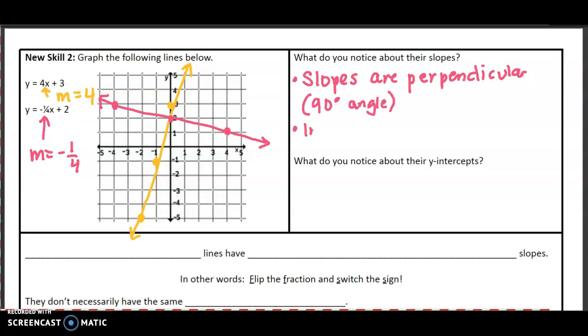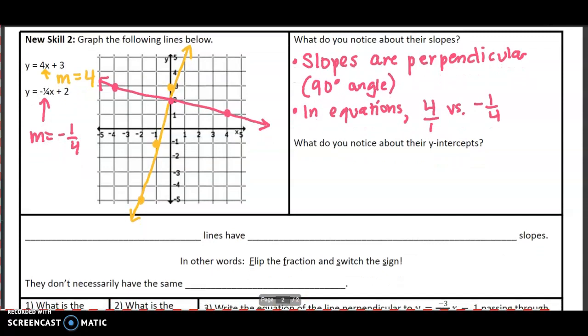In the equation, it's 4 versus negative 1/4. So a quick hint that I'm going to give to you, put the 4 over 1, and now look at the two numbers and see what kind of relationship that you can make between those two. The y-intercepts were different. They don't necessarily need to be.